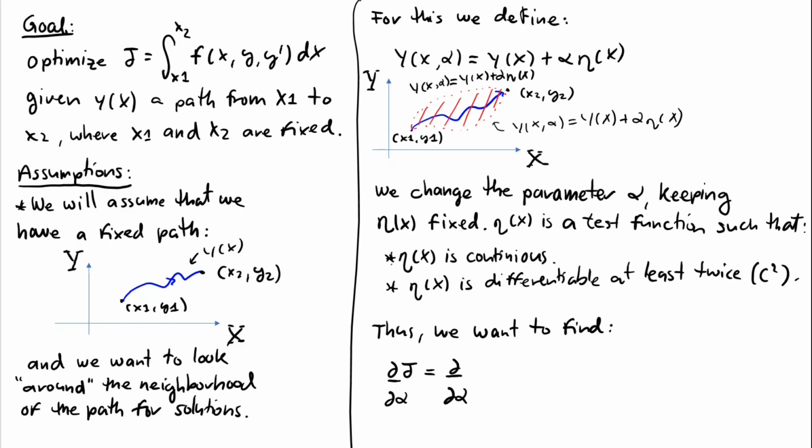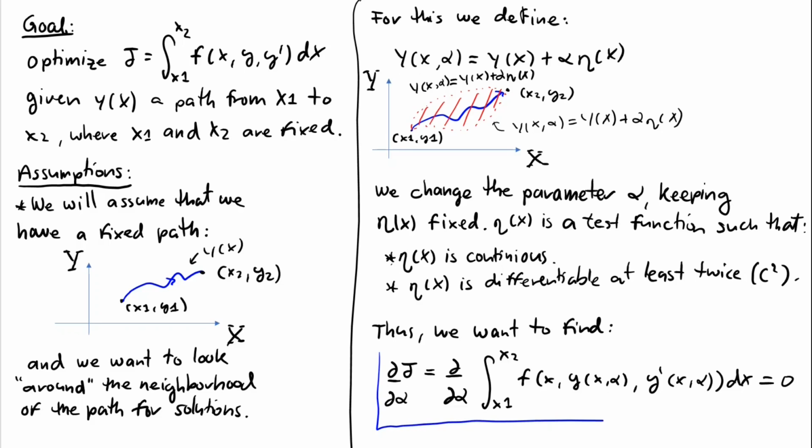Or, if you want to use more appropriate terminology, alpha is a global phase parameter. So, we want to extremize J with respect to the parameter alpha.